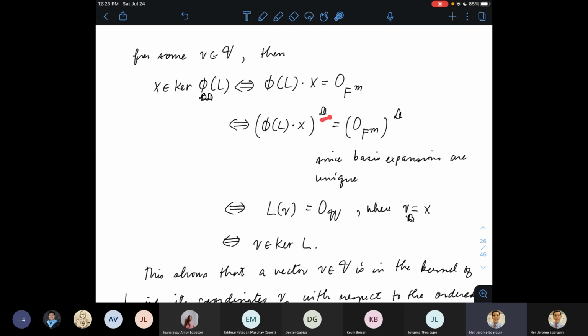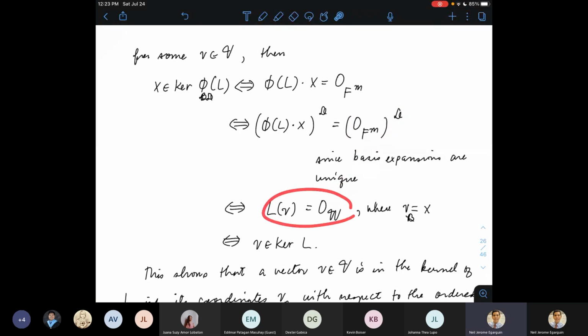Okay, kasi kinonvert ko siya into the vector space, so the abstract vector space. And then this guy, pag kinonvert ko to dun sa vector space, puro zero yung coordinates. If you have puro zero na coordinates, ibig sabihin magkakaroon ka lang ng sum of zeros in the basis expansion. So what we get here would be the zero vector in the codomain.